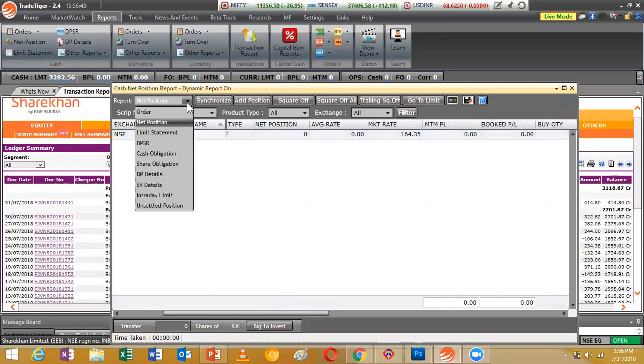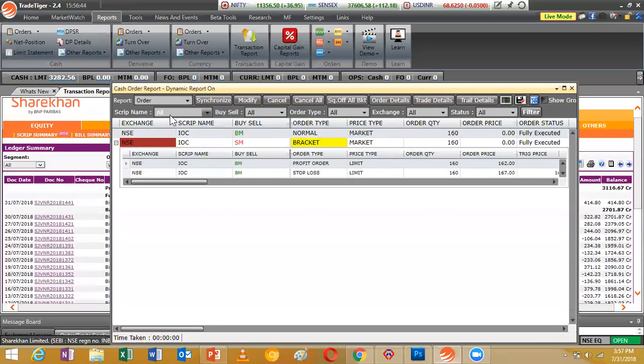If you click on order, you can see we have used the bracket order. Every trade we use the bracket order, and you can see the buy price is 164.90 and the sell is also 164.90. So this is one account of our students.